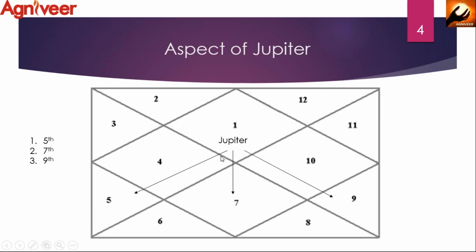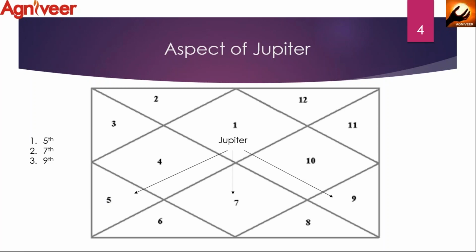Now, let's say it is also aspecting the fifth house. The results of the fifth house, or the things that we see from fifth house, will also be impacted. So what are the things that we see from fifth house? Your education, the direction of your intelligence, your buddhi, the way you guide your mind.